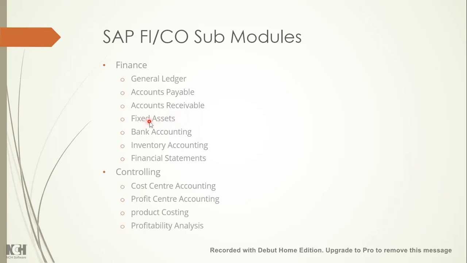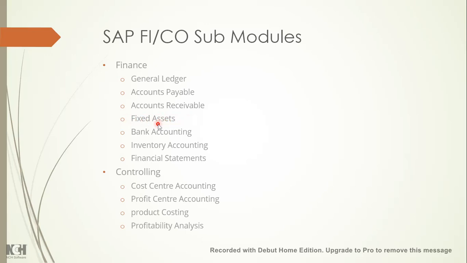Fixed assets is mainly related to how do you acquire and retire assets, how do you do the depreciation, how the entries related to acquisition, depreciation, retirement will flow to GL account. How can you report your tax related depreciation, your Ind-AS or IFRS related depreciation. All these things you learn here.